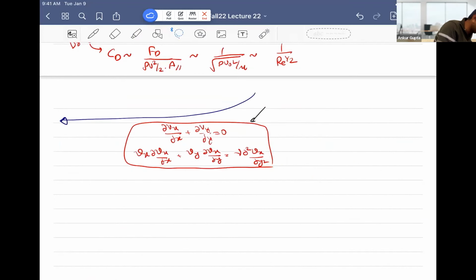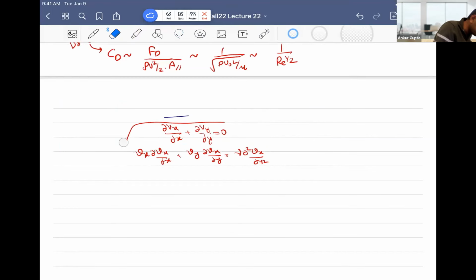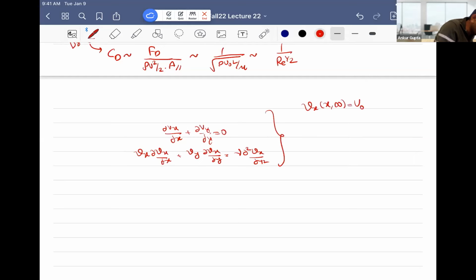These are our governing equations. And our boundary conditions are Vx at (x, infinity) is u naught, Vx at (x, 0) is 0, and Vy at (x, 0) is 0. Okay, so this is what we want to solve.